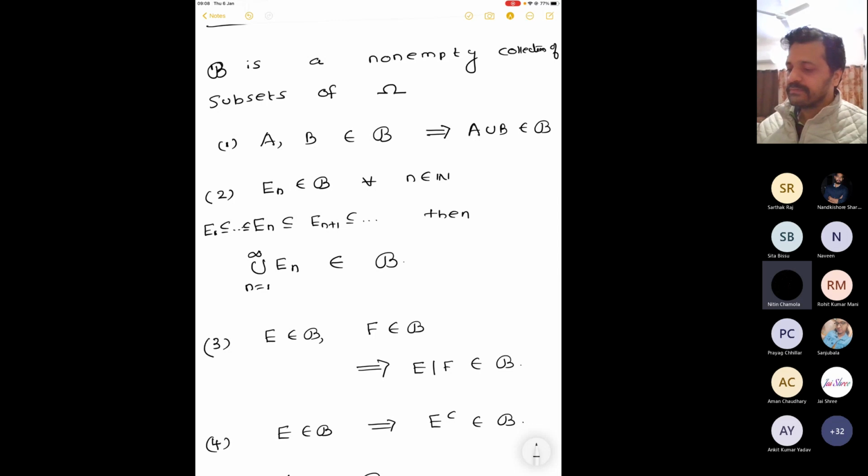Yes or no? Here it says finite union, and here it says countable union. If your B is rich enough to include, or closed under, say, union, intersection, complementation, etc., we are done. Yes or no?